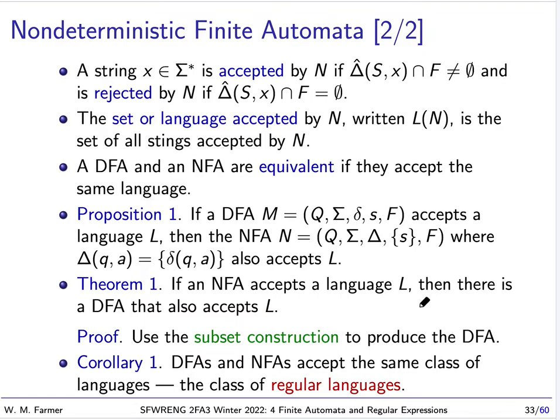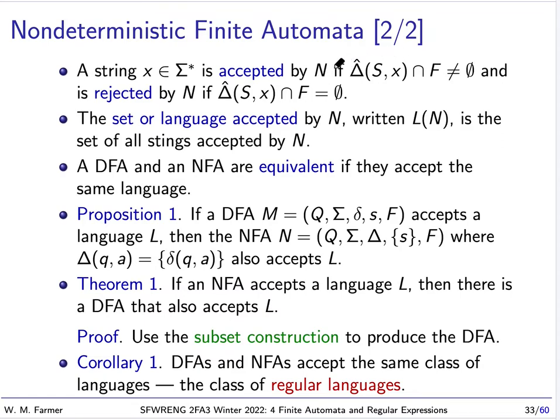A string is accepted by an NFA if the set of states we can get to by reading X includes final states. You can think of an NFA processing a string as having multiple ways to read it, because it has choices of which transitions to take.